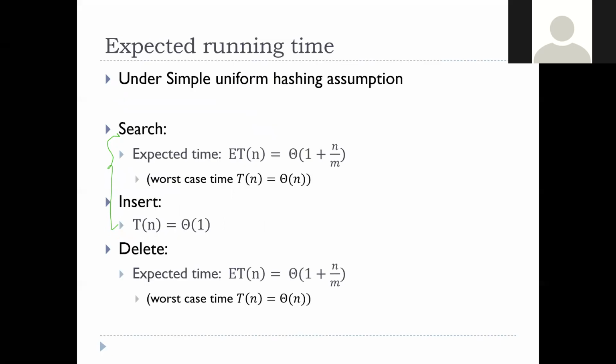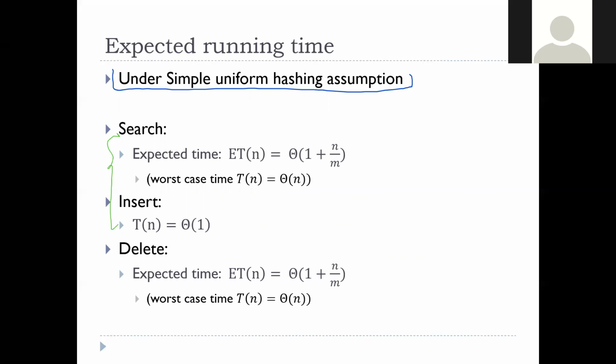So now under the simple uniform hashing assumption, we already know that in the hash table, the number of elements mapped to each slot is basically n over m. That means what is the expected search time?